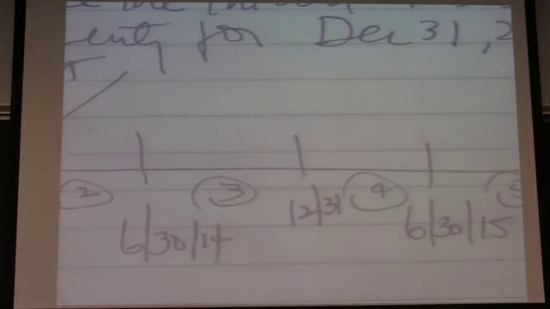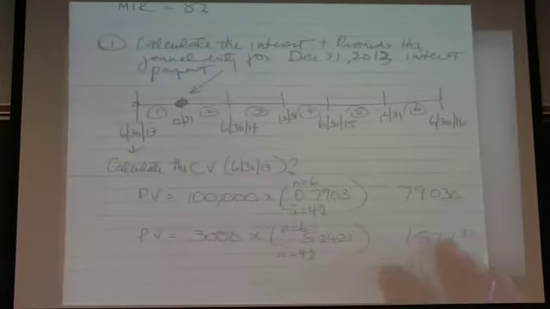That gives 15,726.30. Add that to the 79,030, and it's 94,756.30. It wouldn't surprise me that it's going up, of course, because as I said, the liability should be increasing.